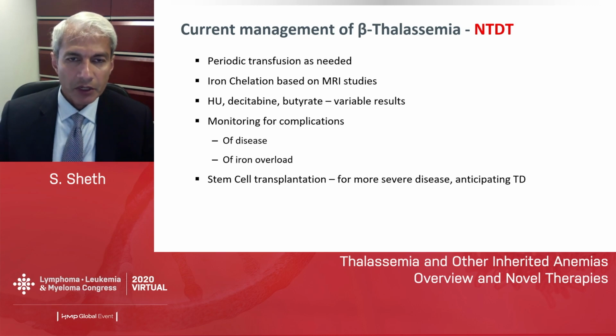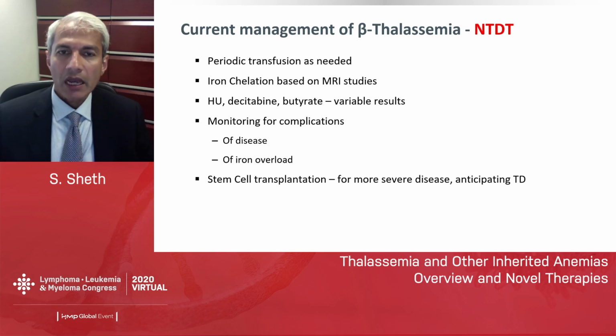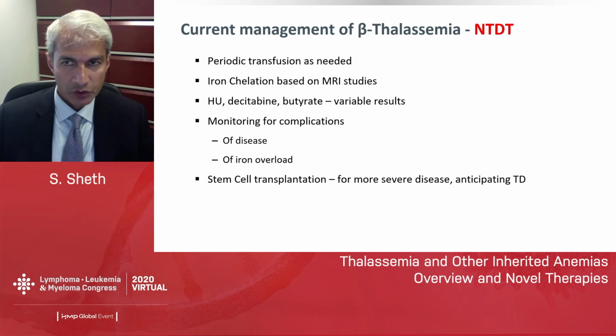And that might convert somebody who is non-transfusion dependent into a transfusion dependent thalassemia patient. As I mentioned, even in the absence of transfusions, these individuals can become iron overloaded, and so serial MRIs and iron chelation therapy to manage their iron overload are mainstays of treatment as well.